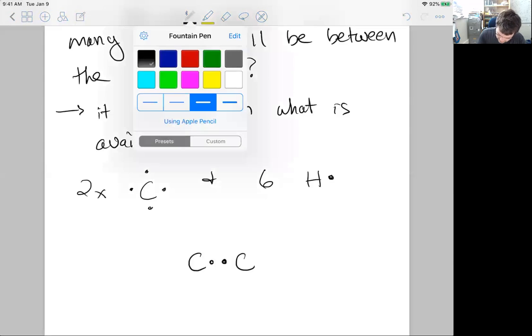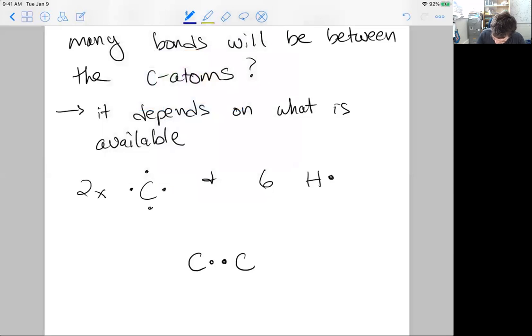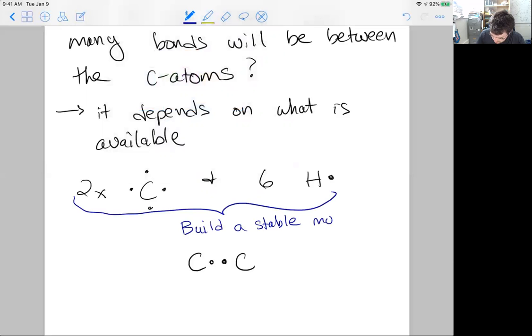I should clarify, let's use this to build a stable molecule. It's a fun exercise. So we've connected the 2 carbon atoms together with 1 bond.